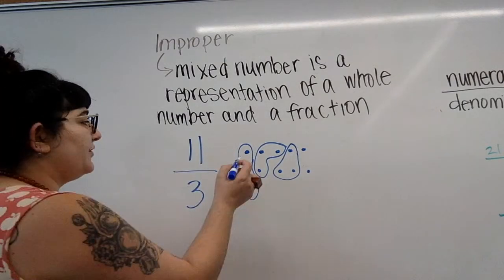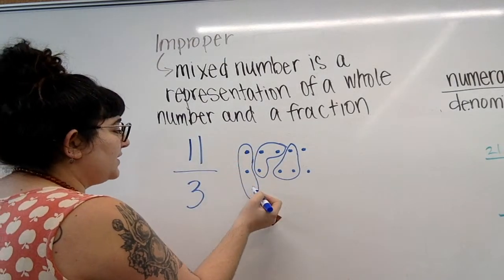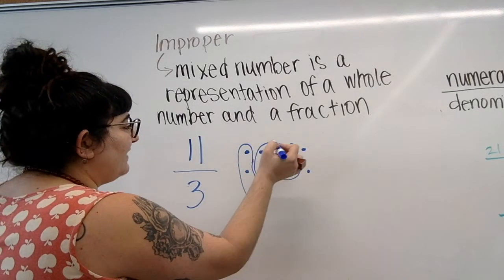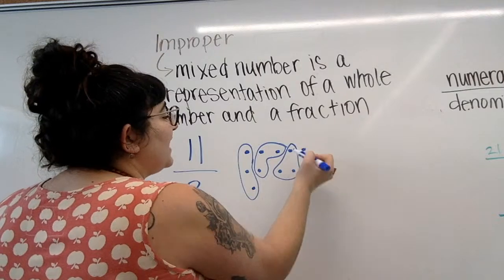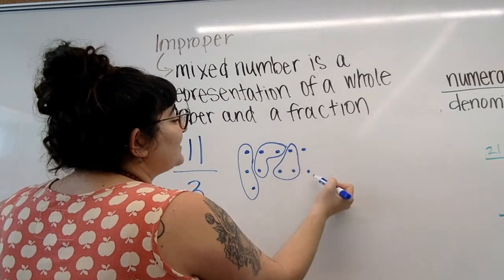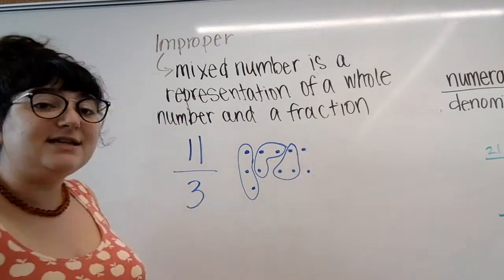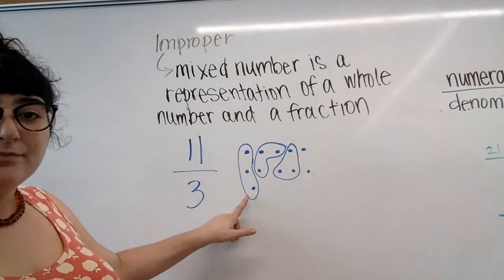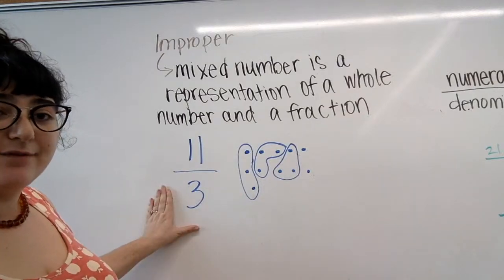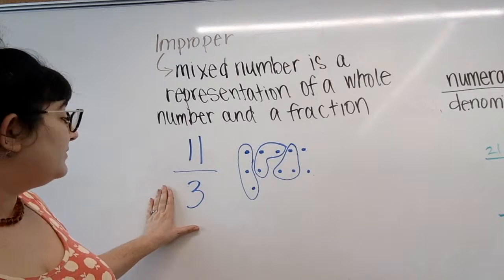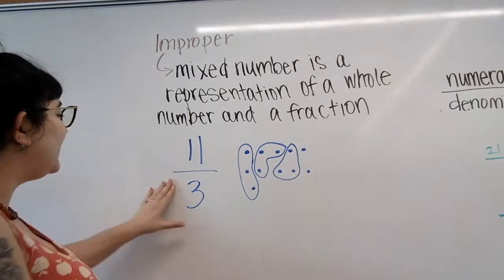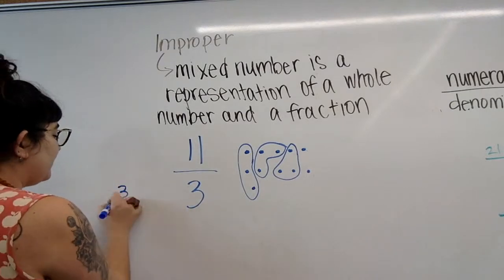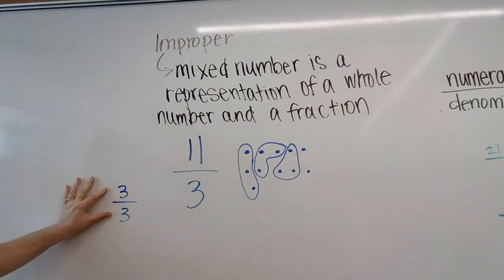Let's count together. 1/3, 2/3, 3/3, 4/3, 5/3, 6/3, 7/3, 8/3, 9/3, 10/3, and 11/3. These are all parts of this fraction. The denominator is not changing. We are trying to see how many groups, how many thirds out of 3, that we're making.